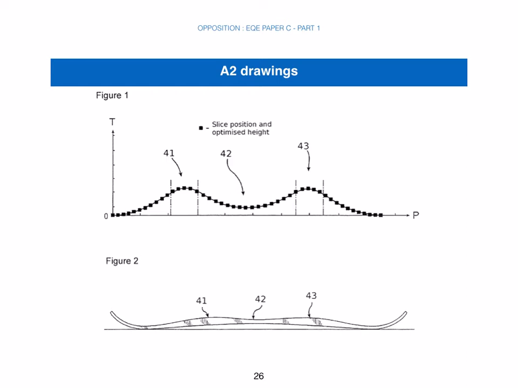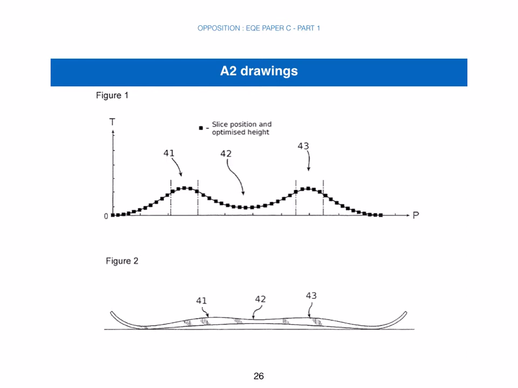Figure 2 shows varying thickness along the length of the snowboard or the sports board. And we notice that the two ends of the snowboard or the sports board are bent up. So we're going to assume that it's a bidirectional snowboard. We'll check that when we go to the description.